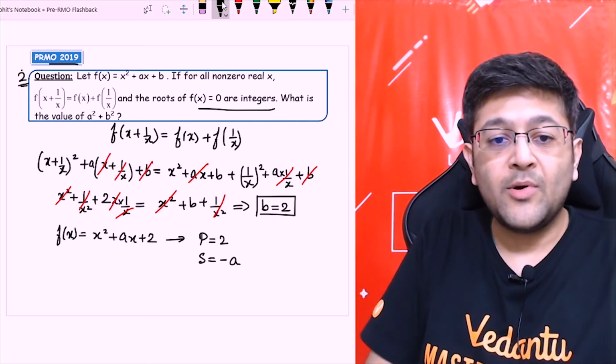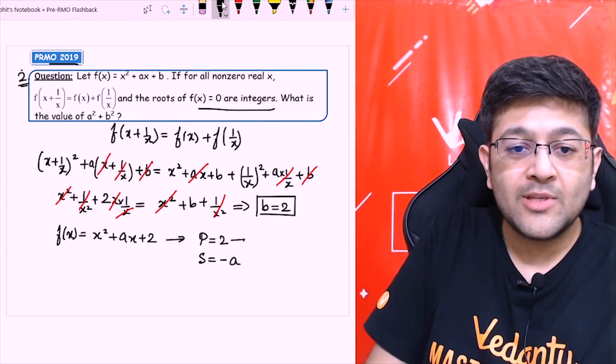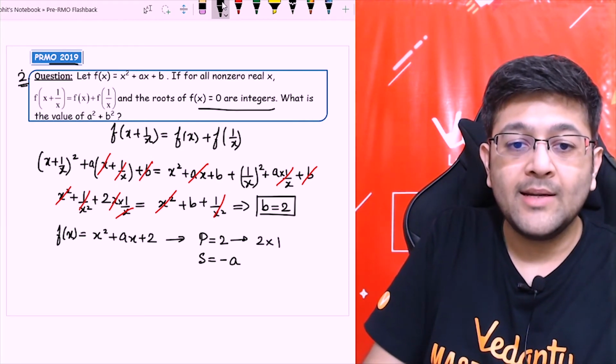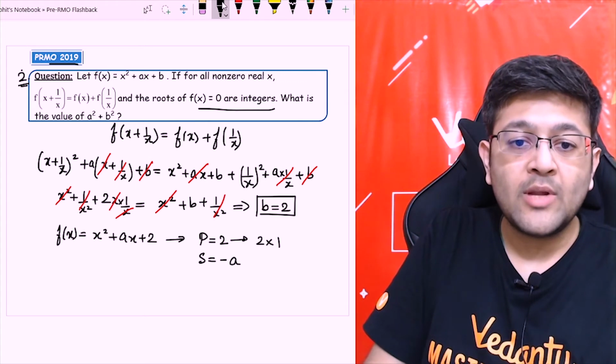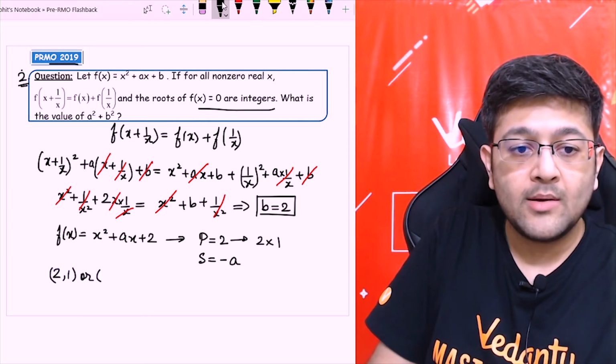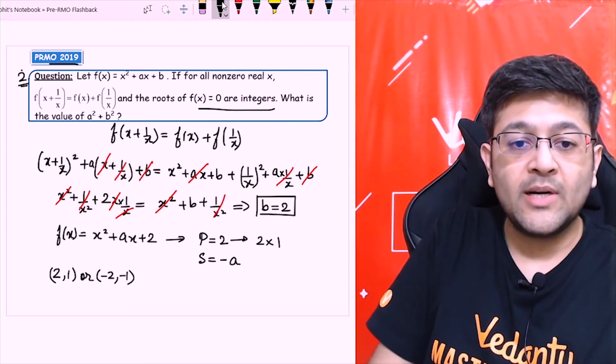Now the most important thing is the roots are integers. So what will be the roots of 2? What are the factors of 2? It can be only 2 and 1, right? So the roots could either be 2 and 1 or minus 2 and minus 1. These could be the set of roots, right? Because the product is 2.